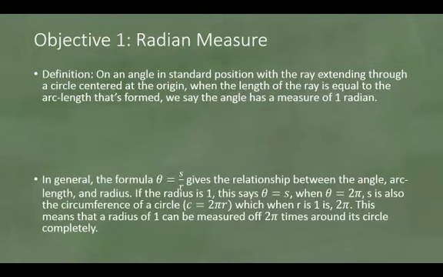Definition for the radian measure. Suppose we have an angle in standard position with a ray extending through a circle centered at the origin. So we have a center at the origin and a ray extending. Let's imagine we have a circle there.